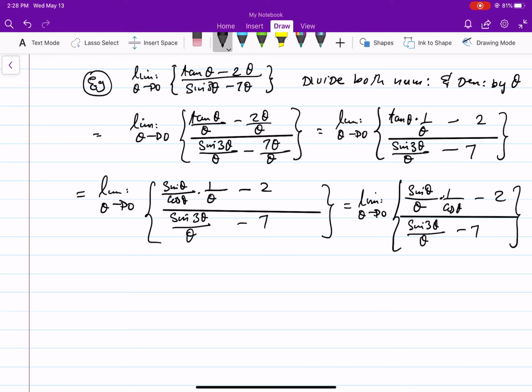Limits distribute over multiplication, division, addition, and subtraction.